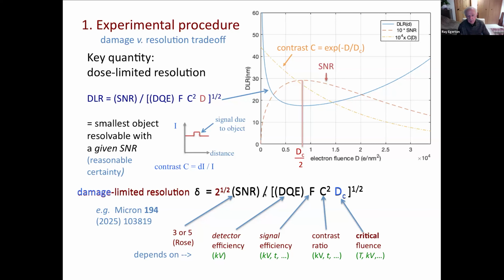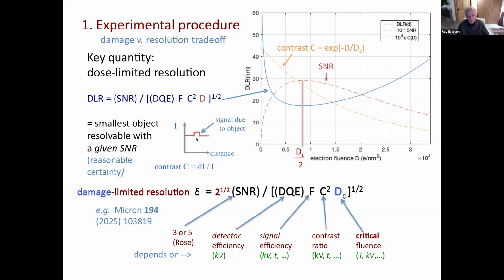Then the quantities that occur in the denominator of this formula: the DQE is a property of our detector. It's a measure of the noise performance of the detector. F is the efficiency of our signal collection, so it's the number of collected particles, electrons maybe, divided by the number of incident particles. So F is a fraction less than 1. C is a property of the sample.